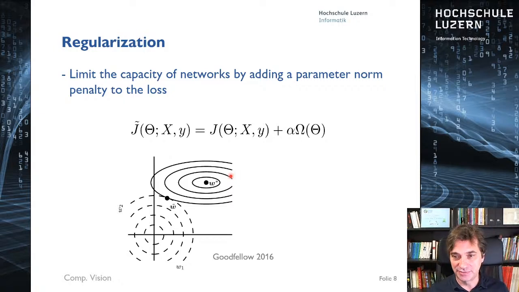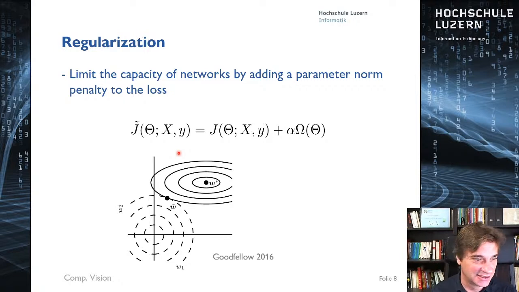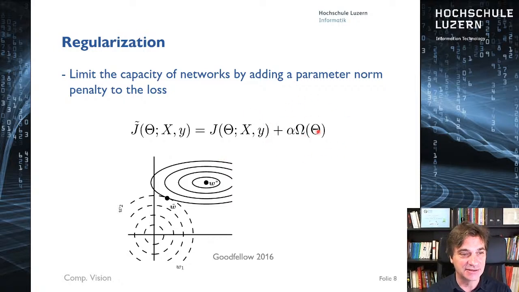So how does regularization work? You add a parameter norm as a penalty to the loss function. So what does this mean? It means we have a loss function, which is what we try to minimize. We have seen last time that could be the cross entropy. And to this loss function, we add another term, and this term is dependent on the weights and on some parameter here. A popular regularization term is the L2 norm.